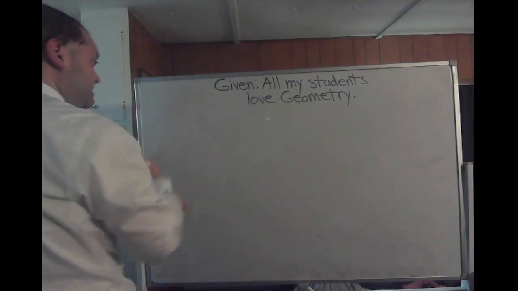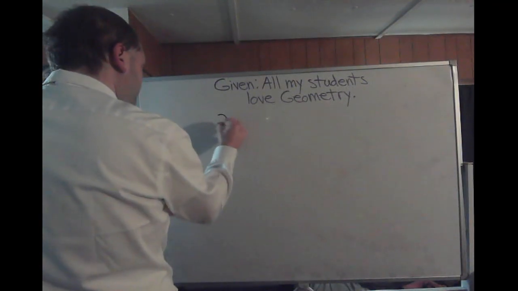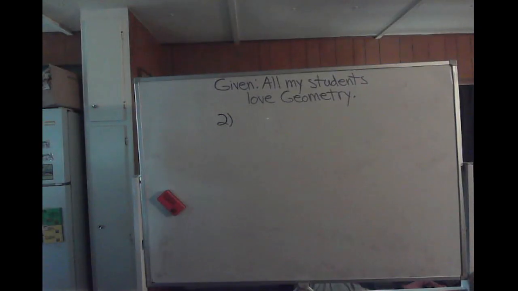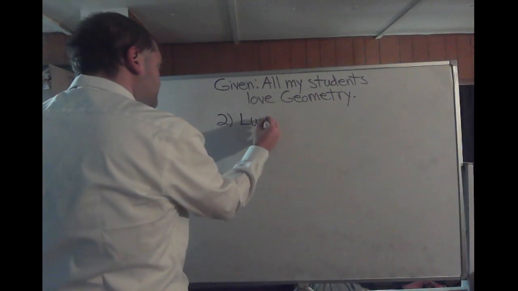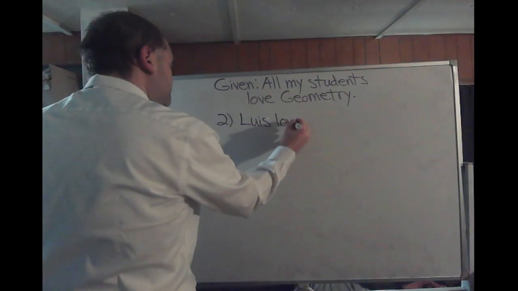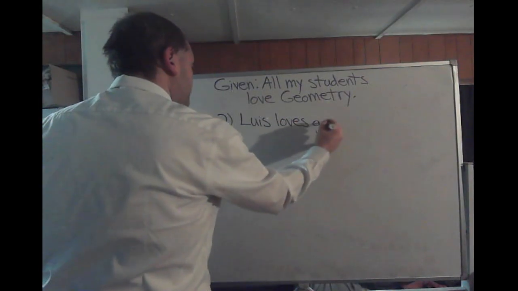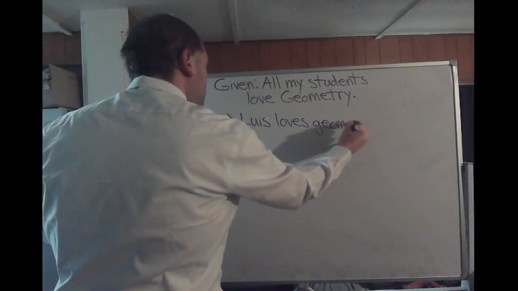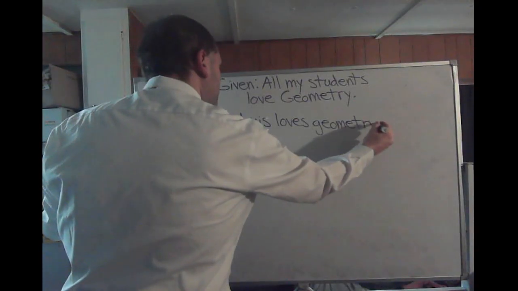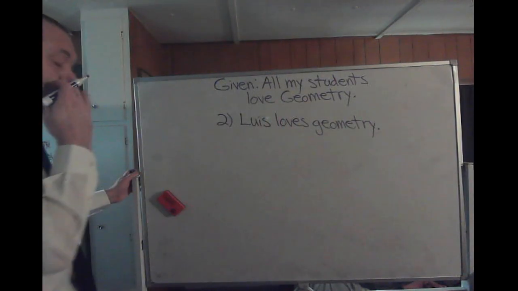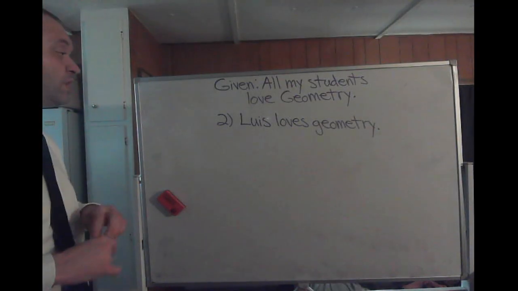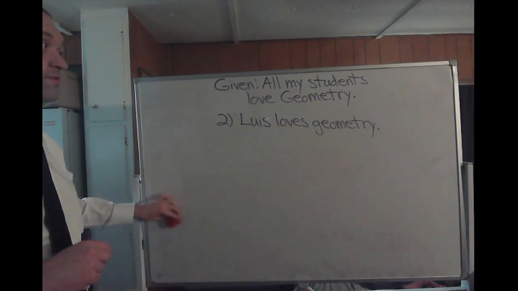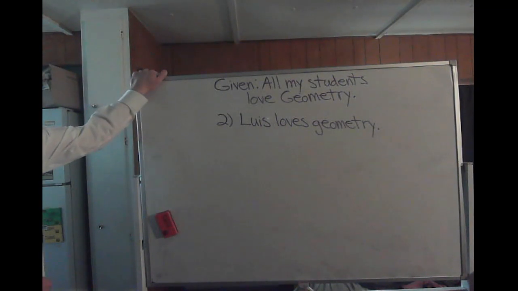Alright, what's the next statement here? The second additional statement is that Luis loves geometry. So this time the additional sentence in addition to the given information is that Luis loves geometry. Can we conclude anything from that? No. Why not?